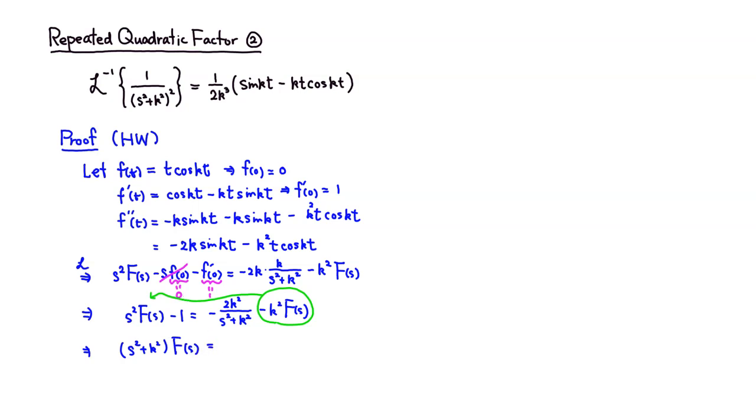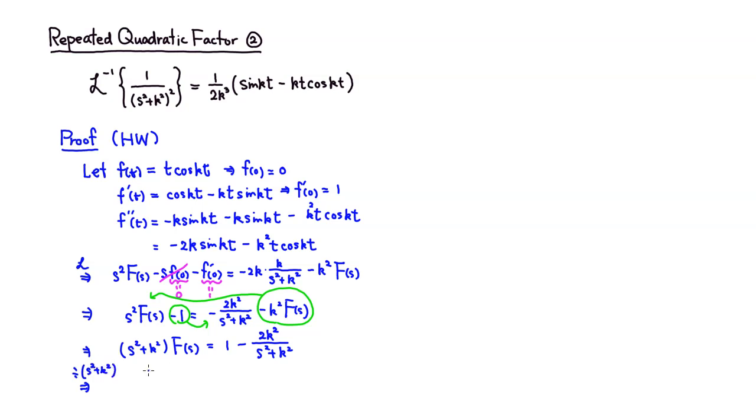Then I'm going to move this negative 1 over to the other side, so it becomes positive 1, right? Then you have a minus, so this was already there, 2k squared over s squared plus k squared, right? Then we can just divide it through by s squared plus k squared.